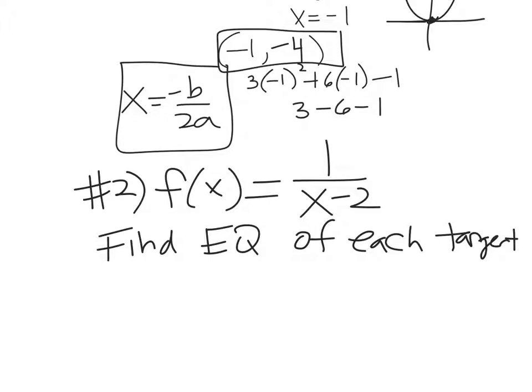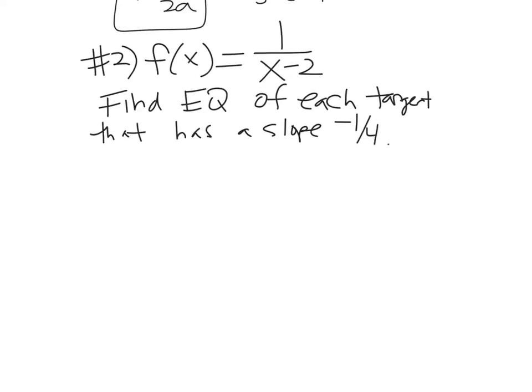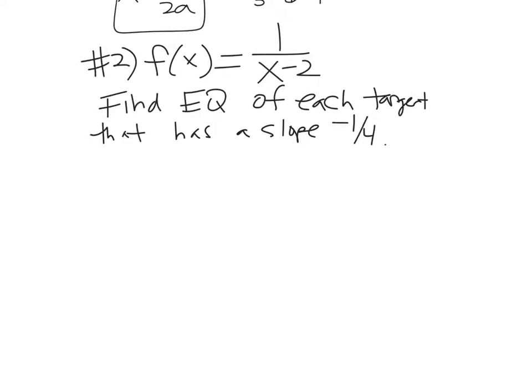Each tangent that has a slope of negative 1/4. Same type of problem as the last one. This time we're given the slope and we have to find the x values, and then we have to find the equation of the tangent. So here we go.